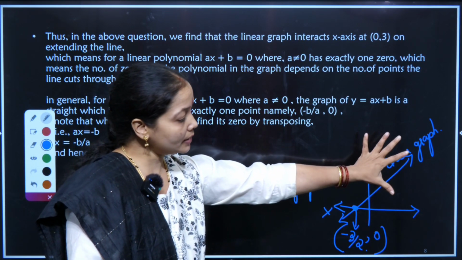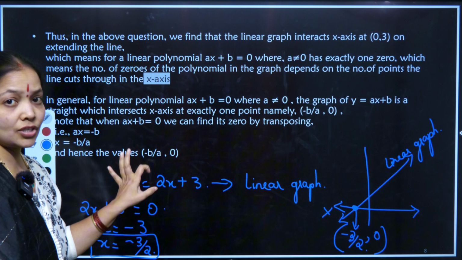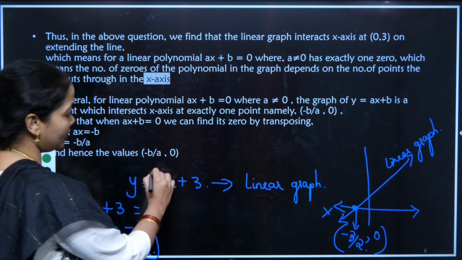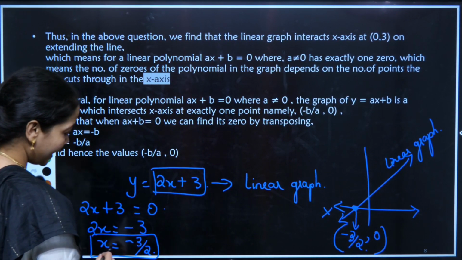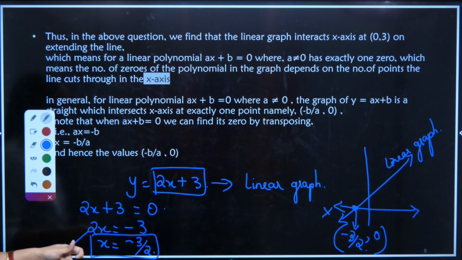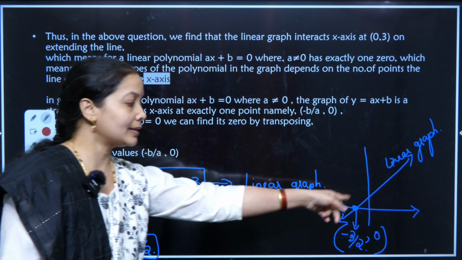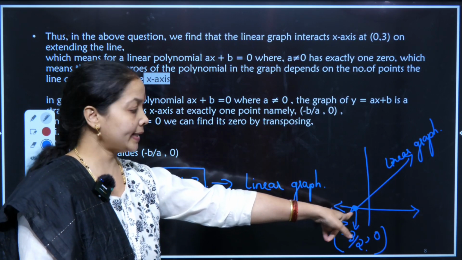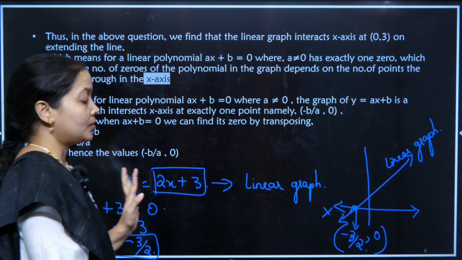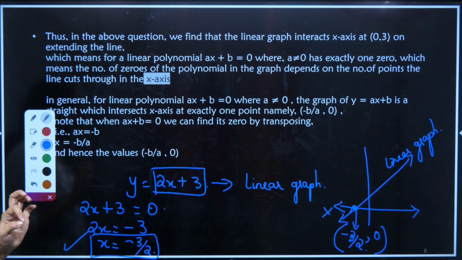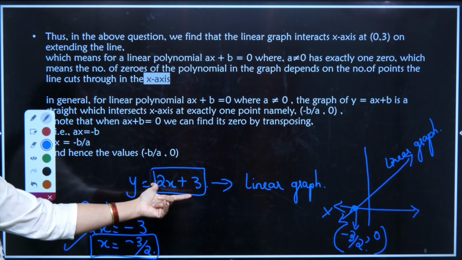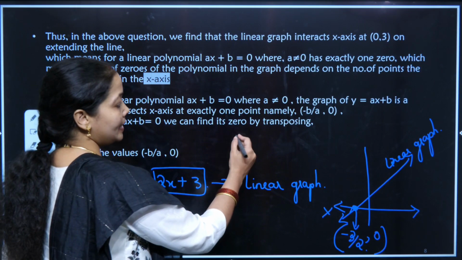Without even drawing the graph, I can easily make out, by just equating this 2x plus 3 to 0 and getting the value of x, exactly where the graph is touching the x-axis. So whenever an equation is specified, any linear equation, let us take one more example.